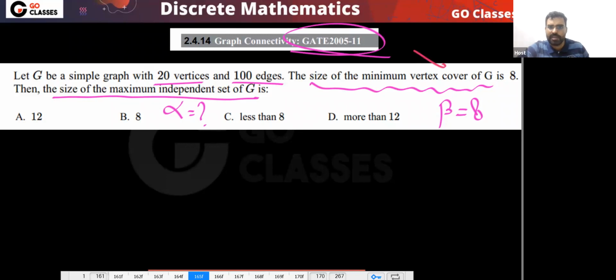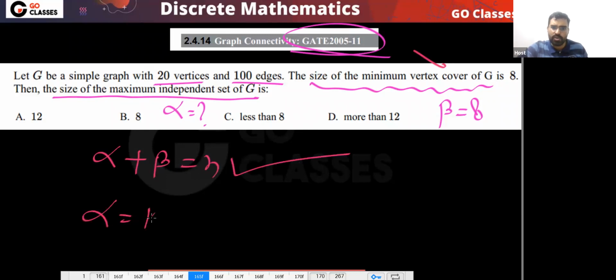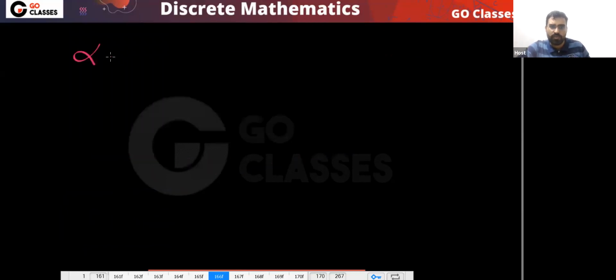Then what will be the size of the maximum independent set? It will be 12. We know alpha plus beta equals n, so alpha will be equal to 12. We know alpha dash plus beta equals n.